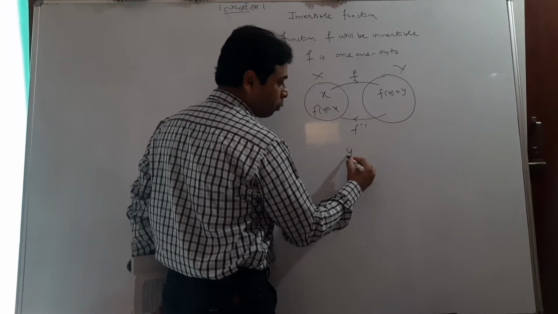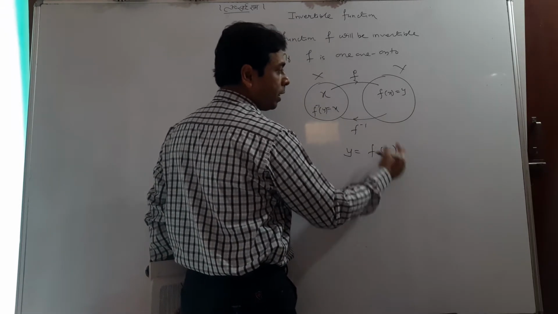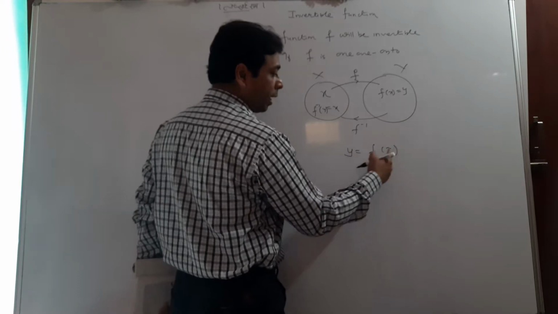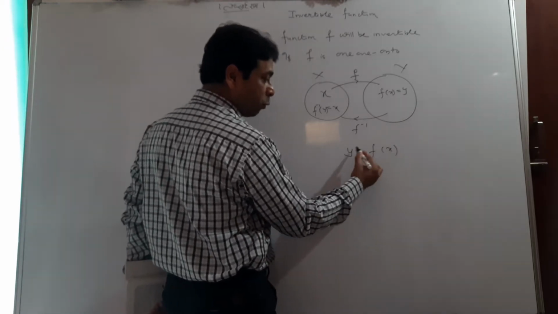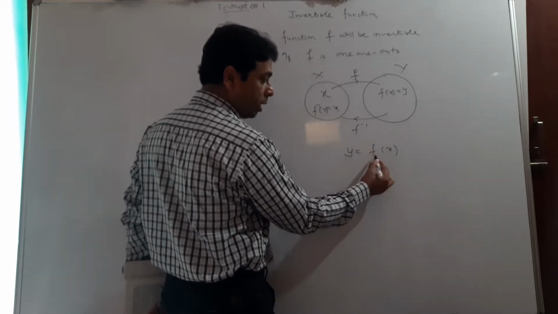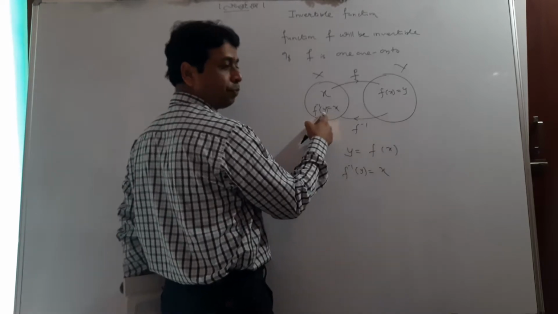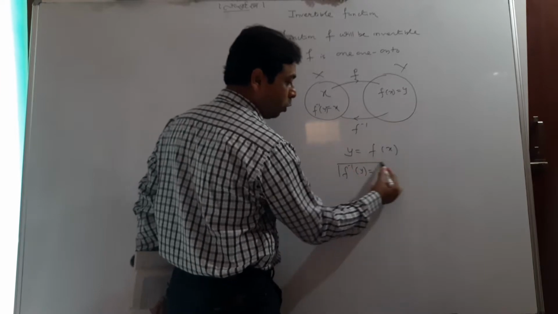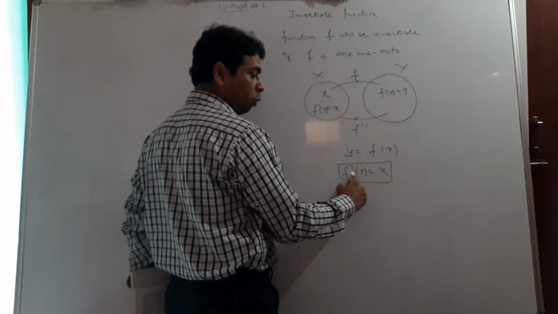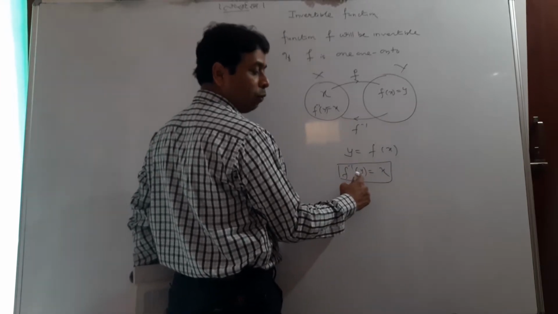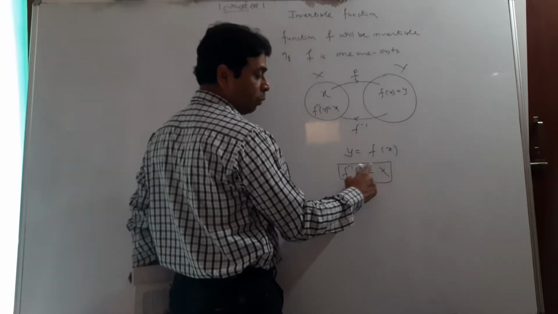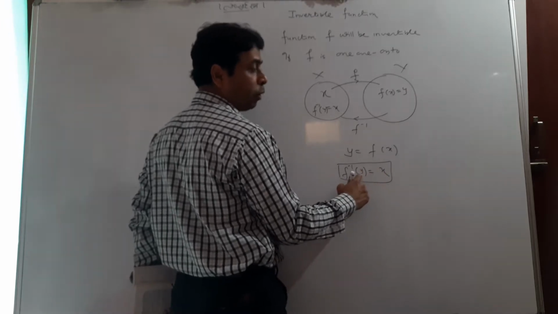So in short, when y is equal to the function is given, then to find the inverse of f, transfer f to this side. F will move here, like f inverse of y is equal to x. So this will be your inverse, meaning x equal to an expression in terms of y will be your inverse.